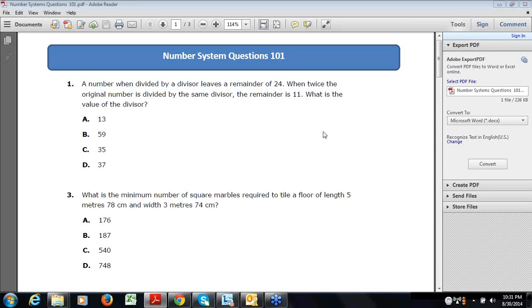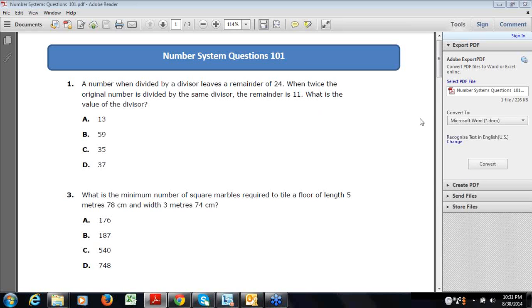Okay guys, let me solve the first 3 questions now. Yeah, question number 2 has been marked as question number 3, so don't worry. So the first question is, a number when divided by a divisor leaves a remainder of 24. When twice the original number is divided by the same divisor, it leaves a remainder of 11.